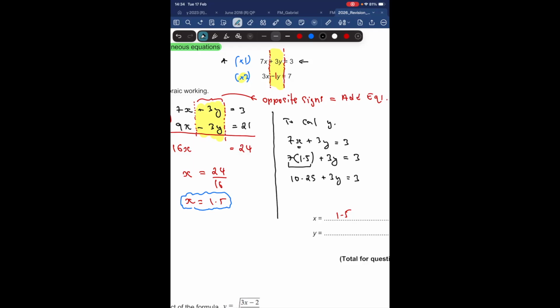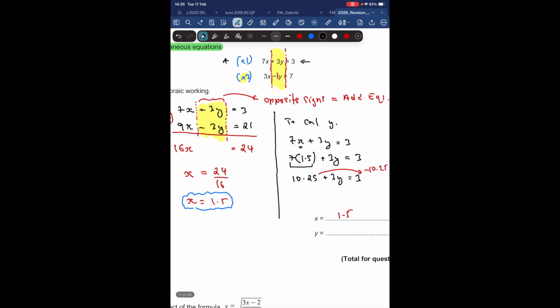We can then solve that equation, bring the 10.5 over to the other side. So it becomes a minus. So we end up with 3y equals, now we can work this out. On the right hand side, we're going to have 3 take away 10.5. That's going to give us 7.5.